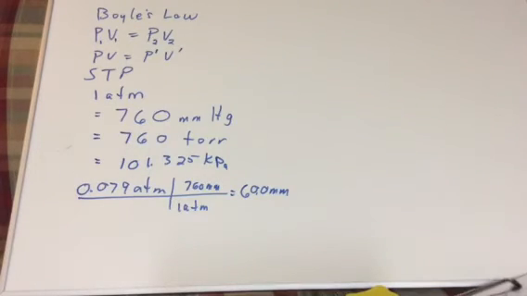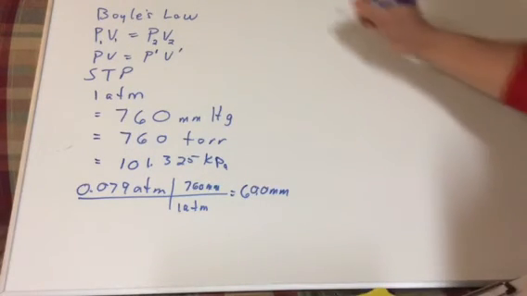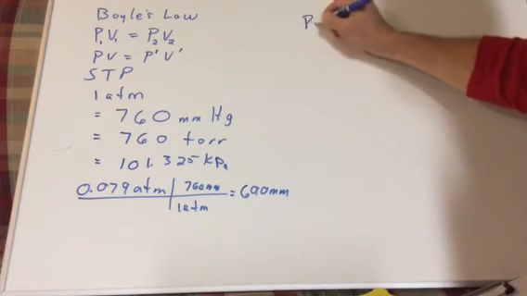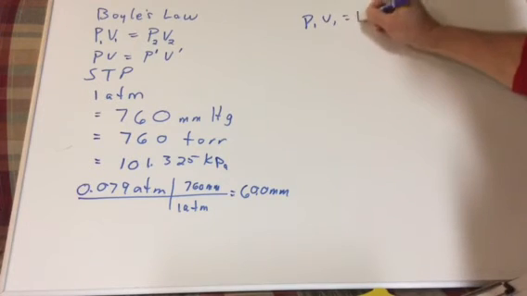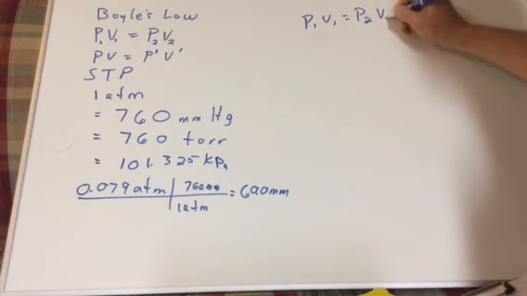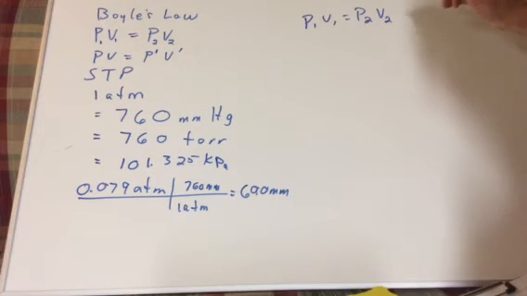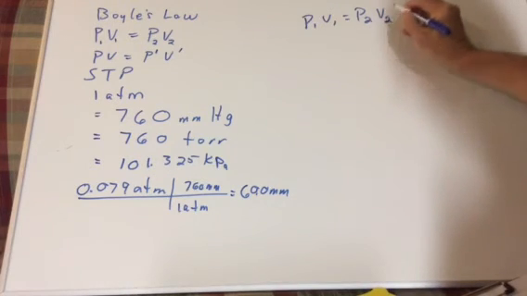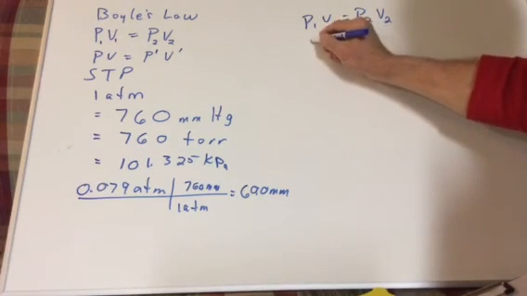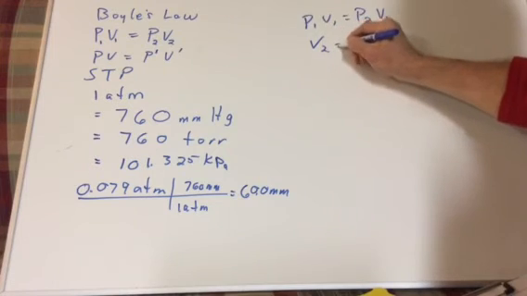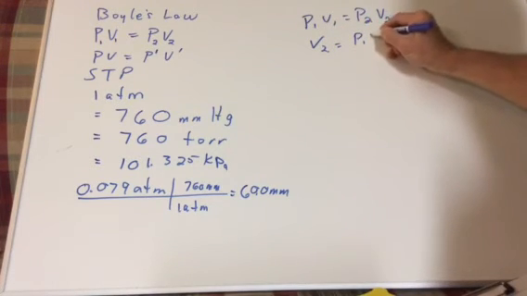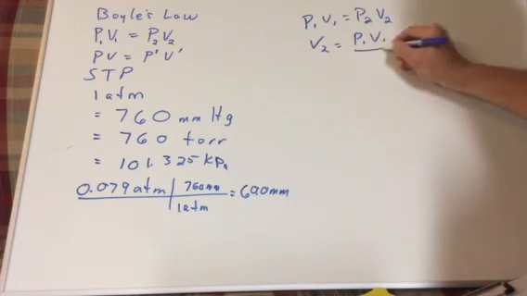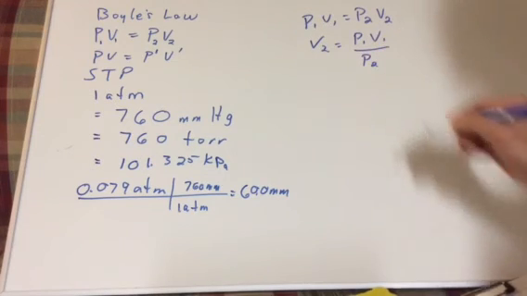And then the next thing I do, and I'm going to switch sides over here so I get more working room, is say P1 V1 equals P2 V2, and you're solving for V2. What is the new volume? So V2 equals P1 V1 over P2.